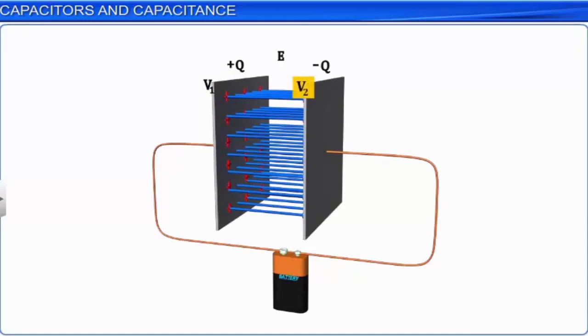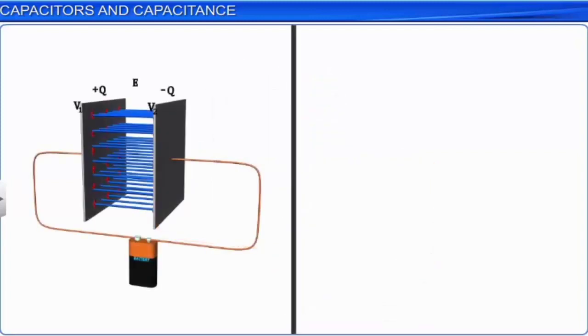The positively charged plate is at a higher potential than the negatively charged plate. Therefore, V1 is greater than V2. Hence, a potential difference exists between the two plates.